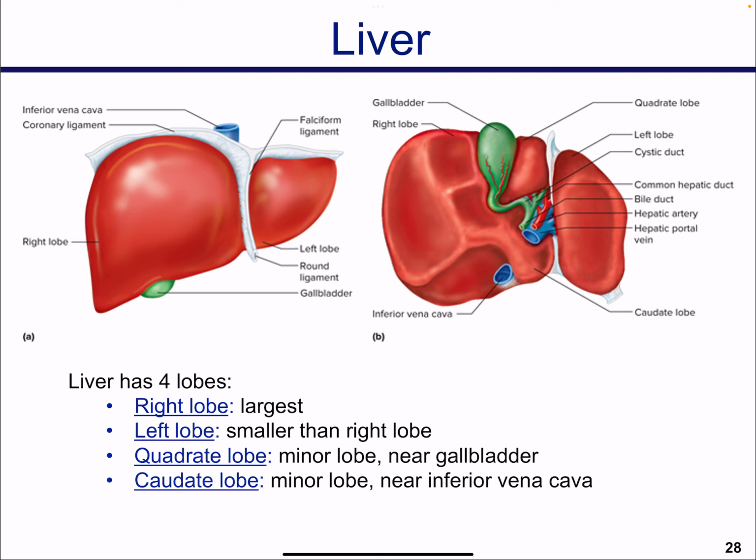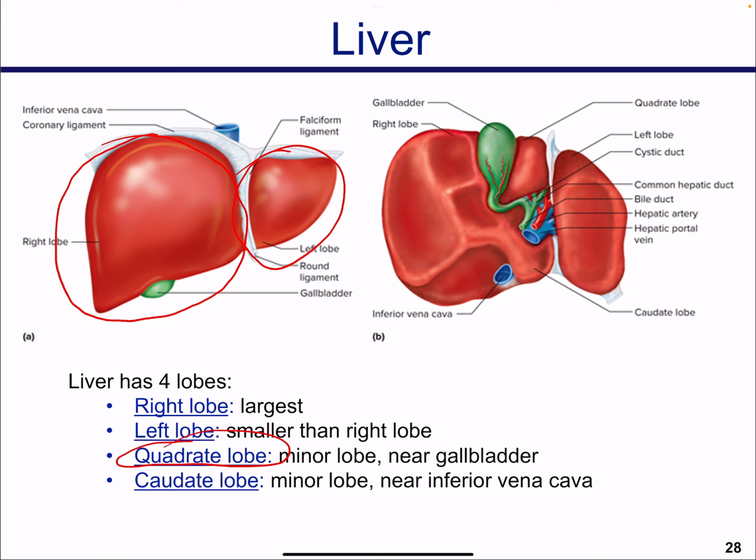Let's take a look at the structure of the liver. The liver has 4 lobes. You have the right lobe, that is the largest, right? You have the left lobe, that is the smallest, okay? You have the quadrate lobe.